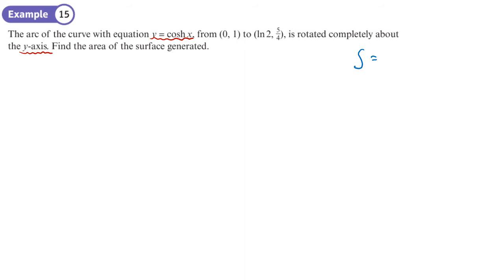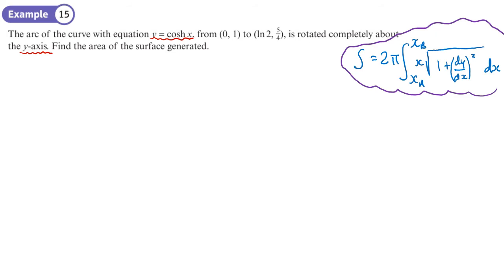So all you need to do is take that one and swap over the x and y's, and you will get the correct formula to use. Okay, so this is the formula we're going to use. As I said, it's not in the formula book, but if you look for the formula where you're rotating around the x-axis, which is given, the only thing that changes is the x that was here changes to y.